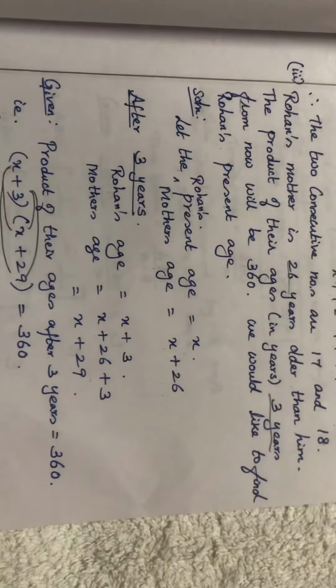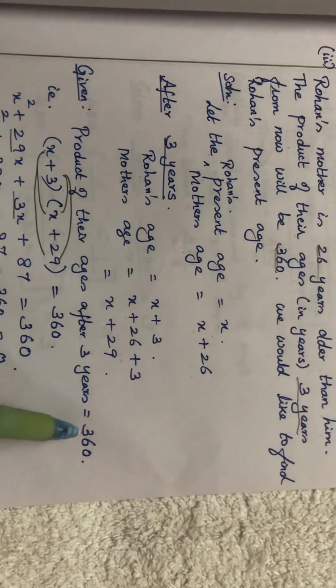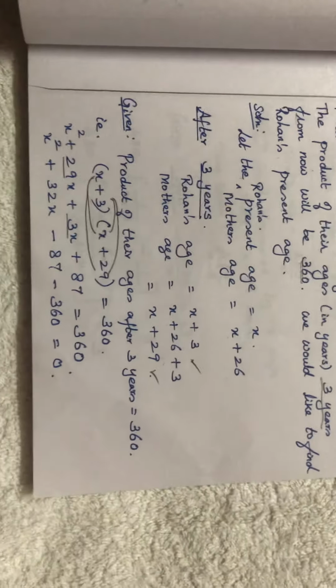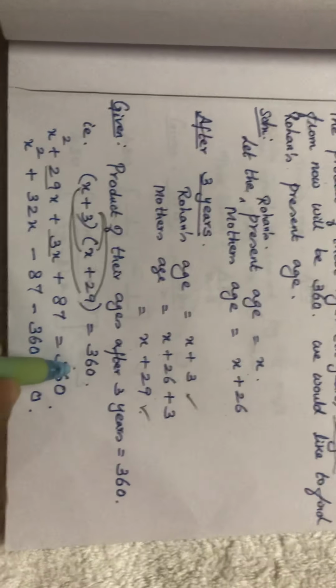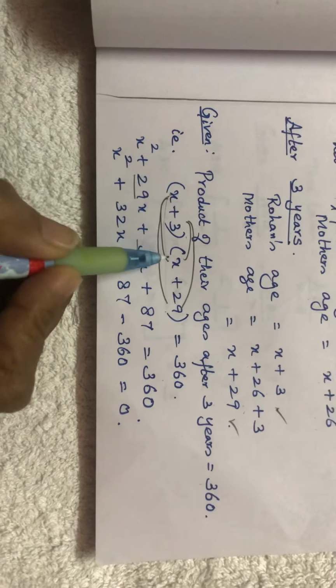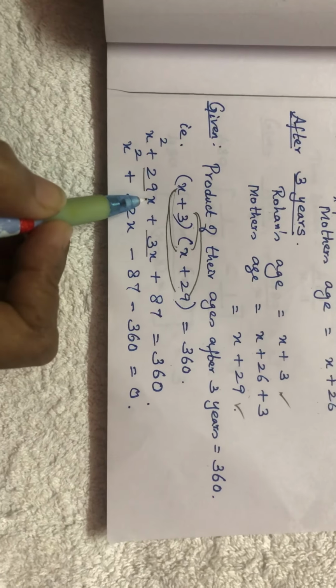It is given in the question, product of their ages is 360. That is x plus 3 into x plus 29 equal to 360. Now multiply, normal multiplication, x into x, x square, x into 29, so 29x.